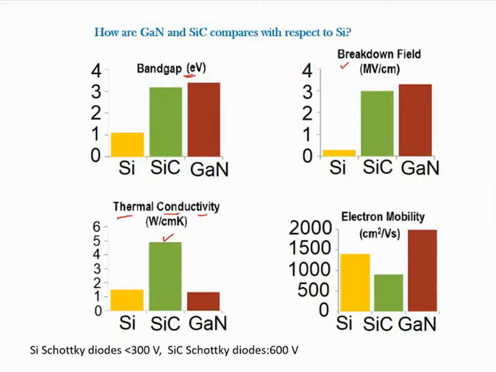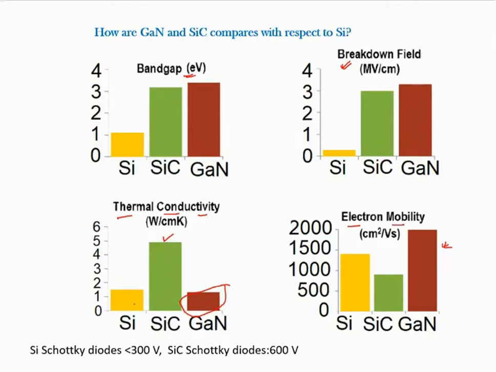And the breakdown field leads to higher voltage blocking capability. And this electron mobility, so how fast electrons can move, dictates your switching speed. So you can see, to get a fair idea, that GaN devices are generally pretty good for high switching applications, but their only loophole is that the thermal conductivity is not very good.